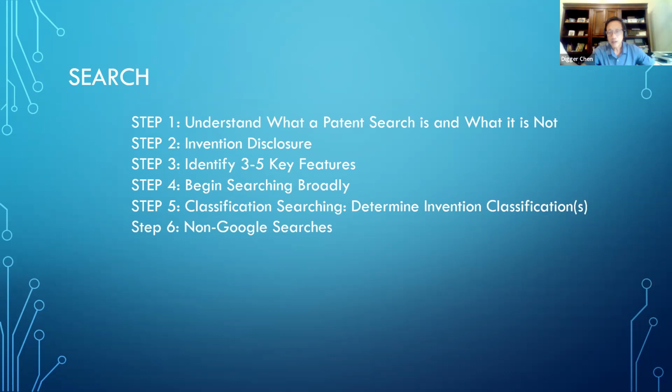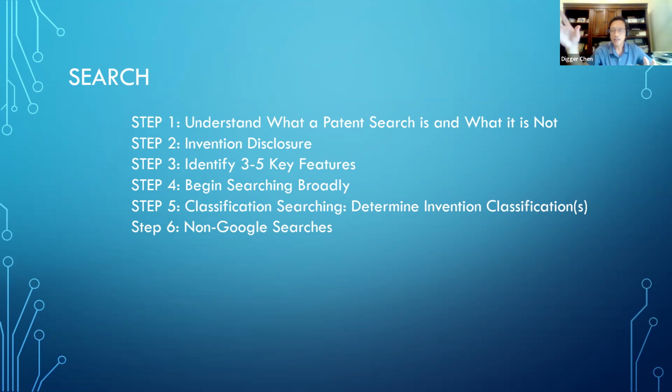But there's a point: a lot of people only do a very fundamental, very basic search, and then write a patent and file it to the USPTO. Because one of the USPTO examiner's jobs is to search prior art for you.